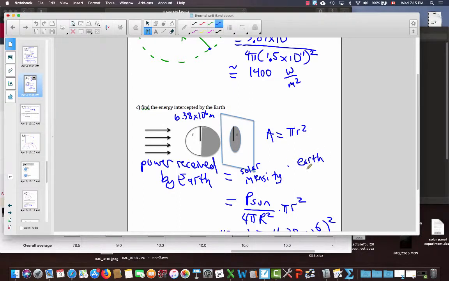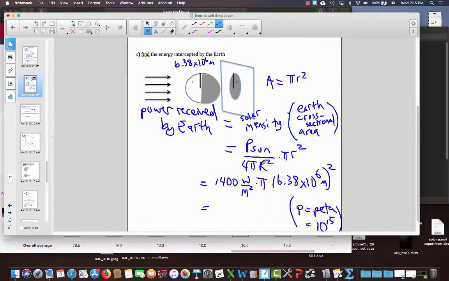And the area in question is the cross-sectional area of the Earth, which is pi r squared. So here was the solar intensity, the 384 yottawatts divided by 4 pi times 1 astronomical unit squared, and we calculated this ratio to be 1400.